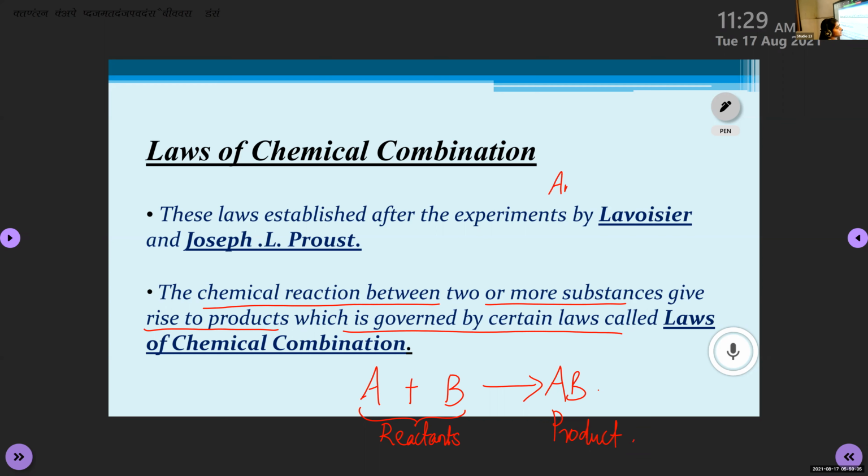Full name, here it is Antoine L. Lavoisier. The name of the other scientist is Joseph L. Proust. You have to remember the names of these two scientists. They are behind these laws of chemical combination.